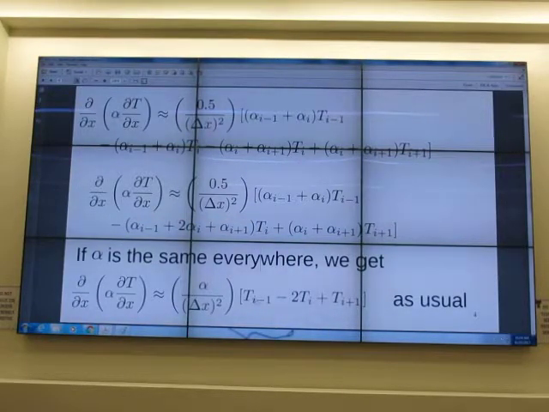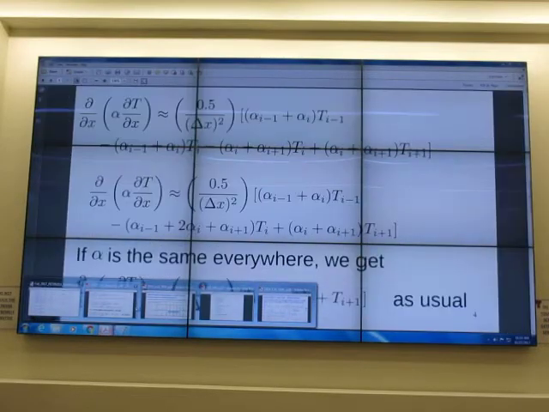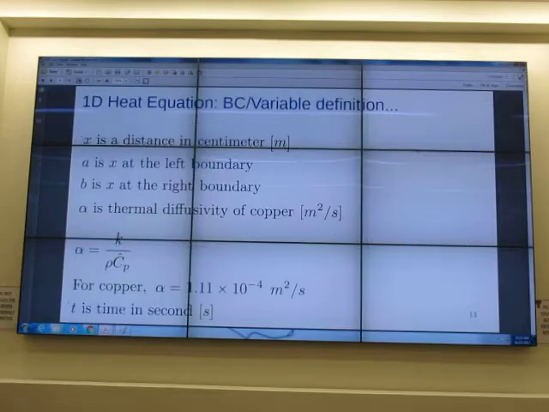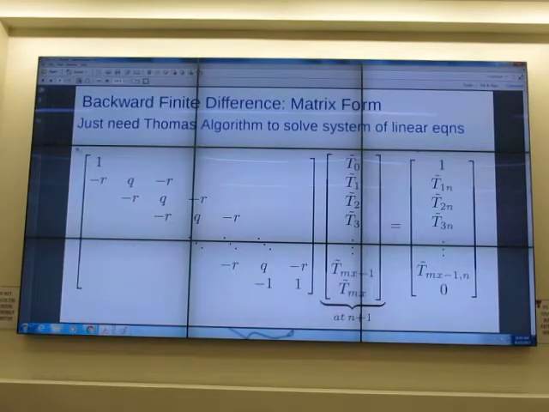Basically each coefficient, for T(i-1), the middle one, and that one, is just not the same. And if you write it, you can still do this for the backward scheme. However, this time your coefficient won't be minus r here. It won't be the same. Why?